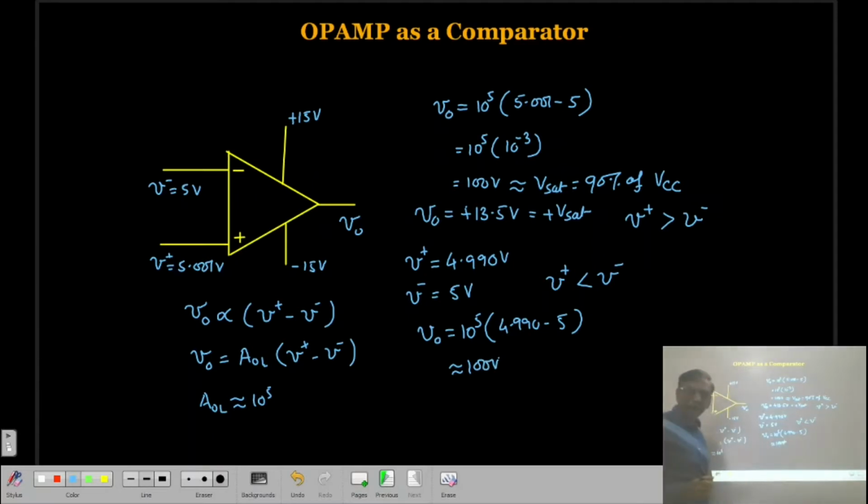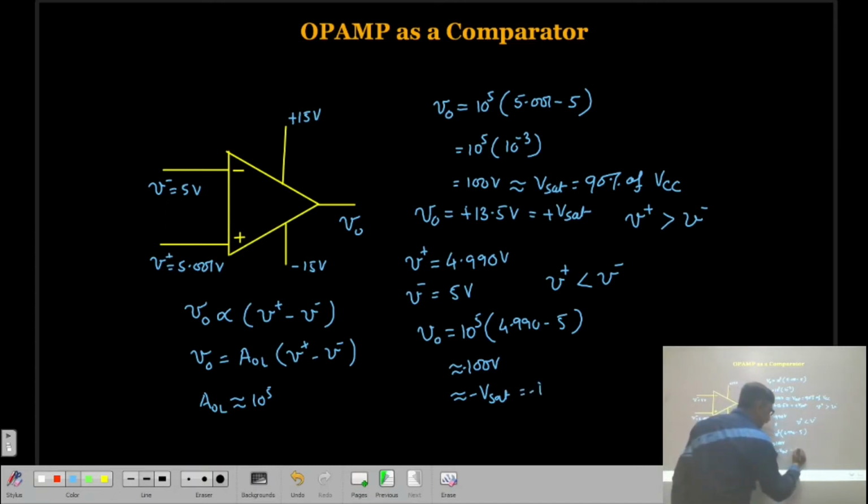But I already mentioned that supply voltage is 15 volt, so the output voltage of the op-amp will not be 100. Op-amp will be in saturation, and here this voltage is negative, so this will be in a minus saturation, or you can say it is a minus 13.5 volt.